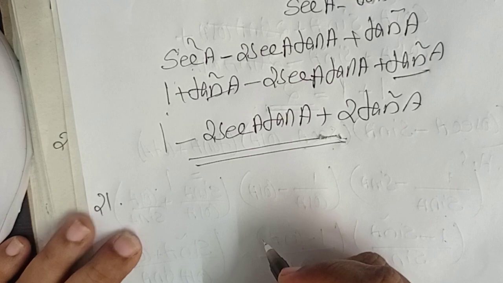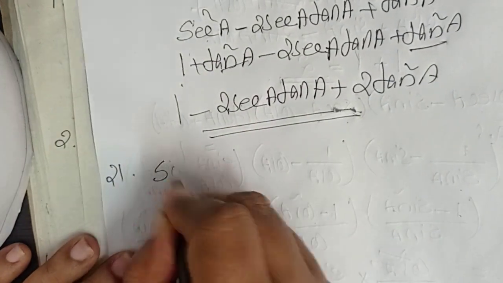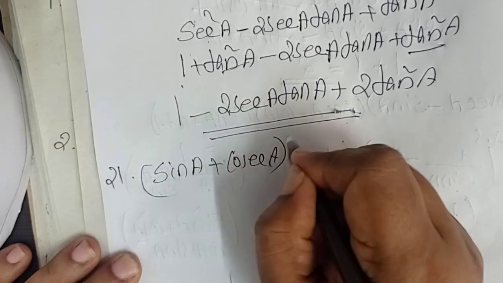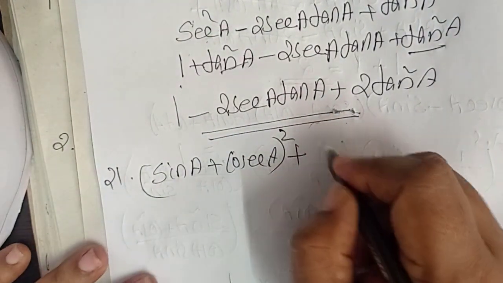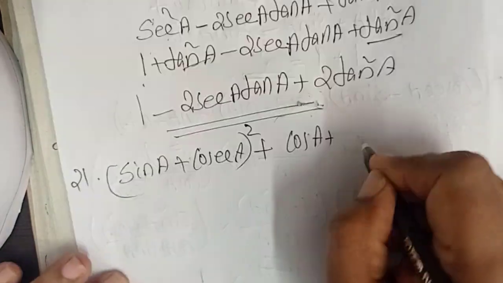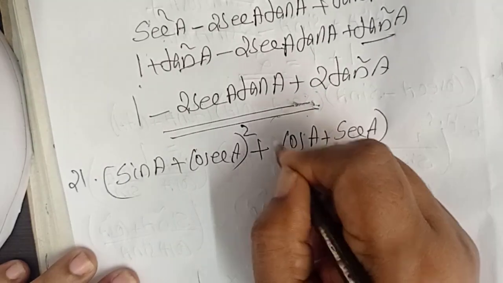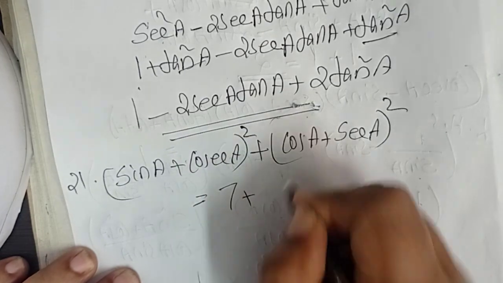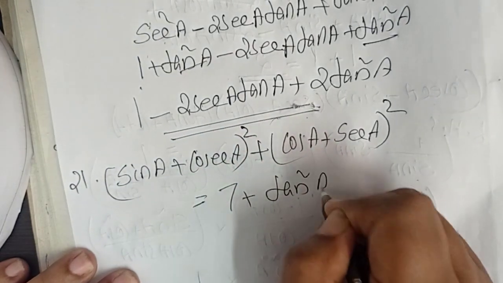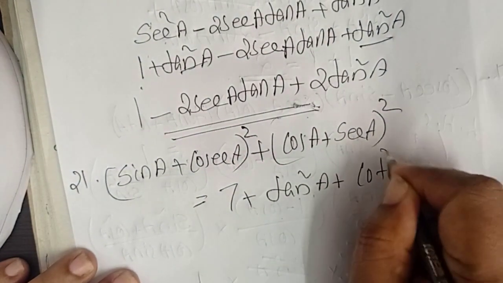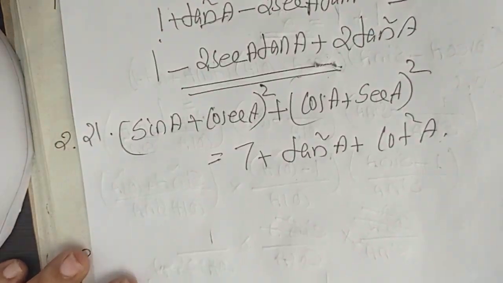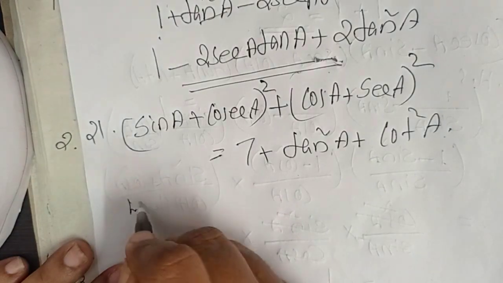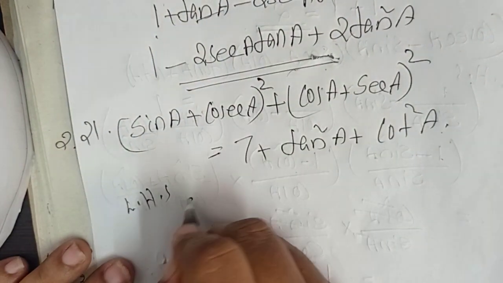21. Sin A plus cosec A the whole square plus cos A plus sec A the whole square is equal to 7 plus tan square A plus cot square A. Yes, in these questions, the method is taking the LHS A plus B the whole square.